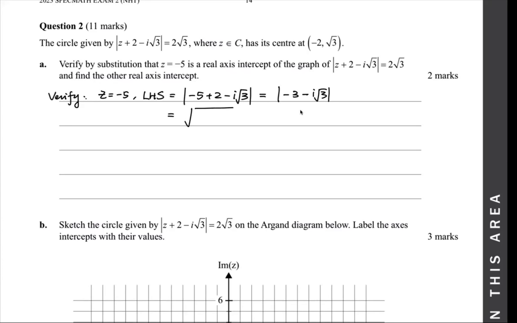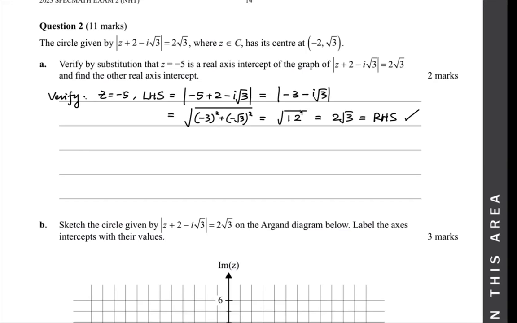Basically, you just need to say, okay, this is the square root of negative 3 squared plus negative root 3, bracket squared. Don't bring in the i and square it, okay? We just need the imaginary part without the i when we square it in the Pythagoras working. So we have 9 plus 3, which is root 12, and that is equal to 2 root 3. Excellent. It's equal to the right-hand side, so it's verified.